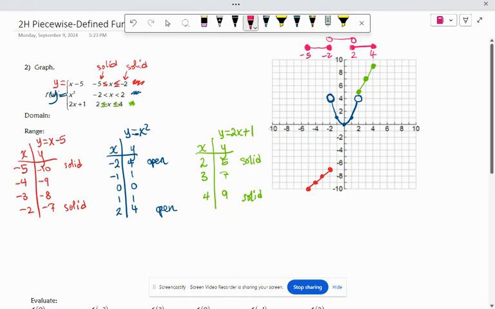So my domain does go directly from -5 to +4 with square brackets because both of those are included.